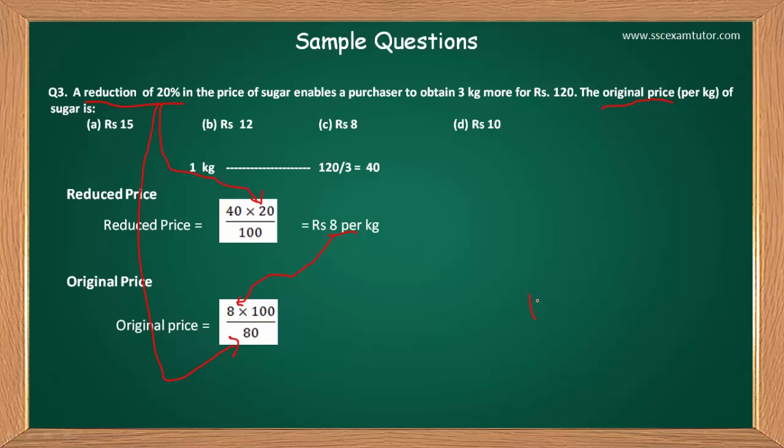So again, if you are not able to understand, consider you have 100 rupees and you got a reduction of 20%. So at the end you will have 80. This is the 80 I have used here. So on calculating further you will get rupees 10 per kg. That's the answer.